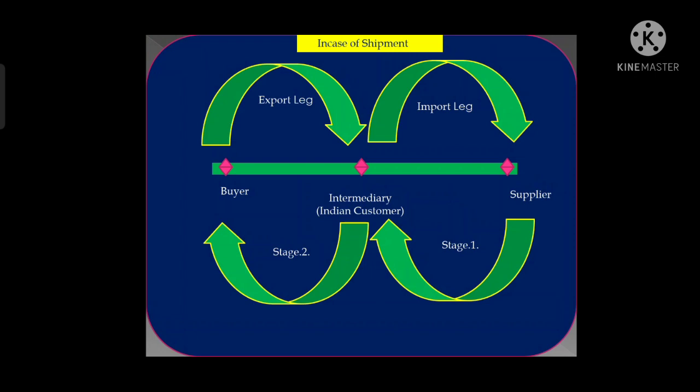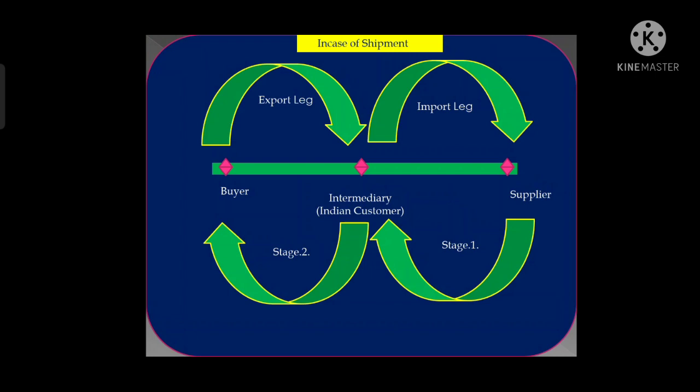So the stage between the supplier and the intermediary would be stage 1, because here the goods are being exported from the actual supplier. After that, stage 2 is where, after receiving the goods from the supplier, they are resold by the Indian trader to the buyer.